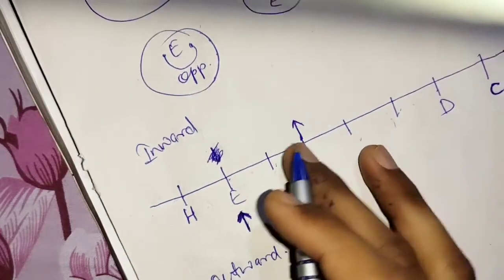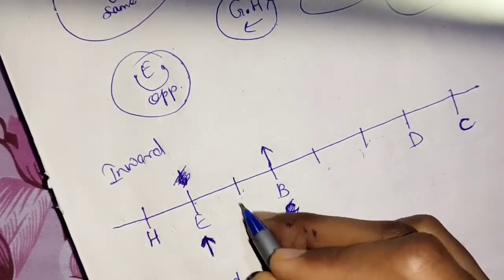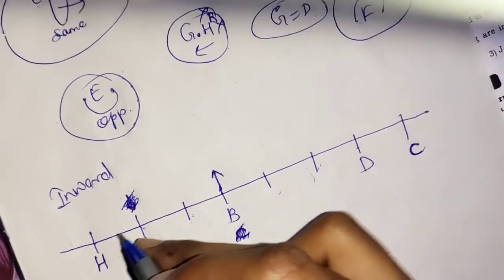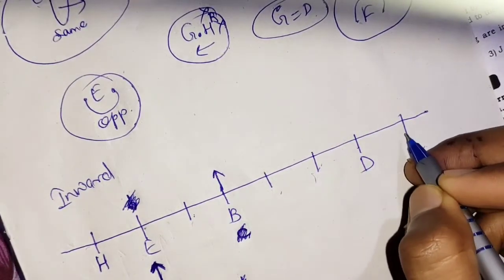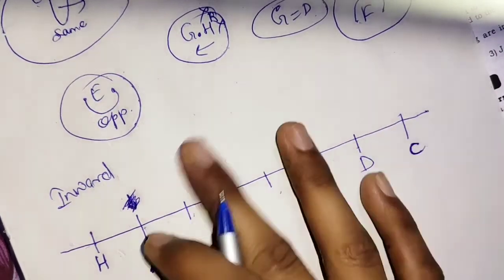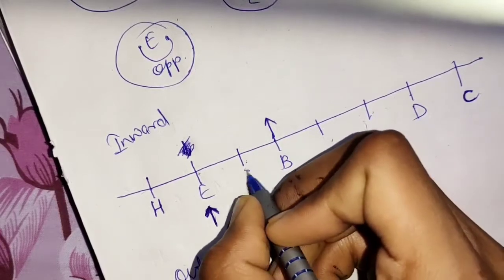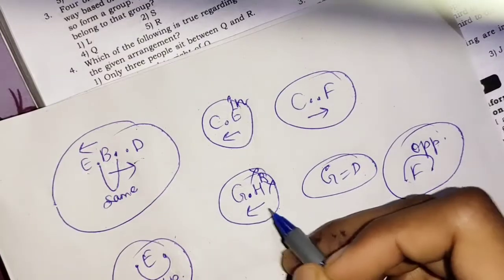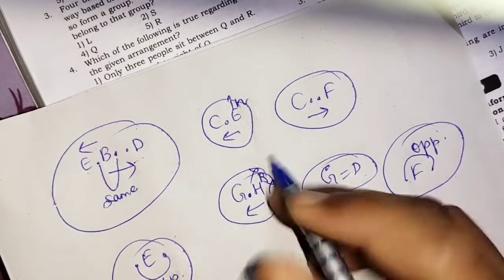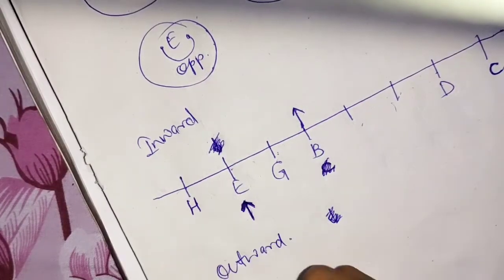Now at a gap of one person from H, where can we place G? One place is here, and is there any other place? No, because here D is placed at a gap of one person from H. So the only place left for G is this. And now since G is second to the left of H, what will be the direction of H?